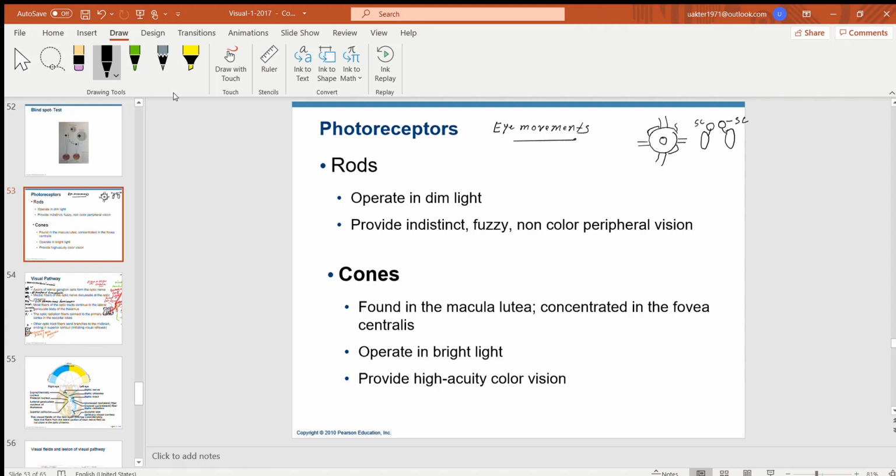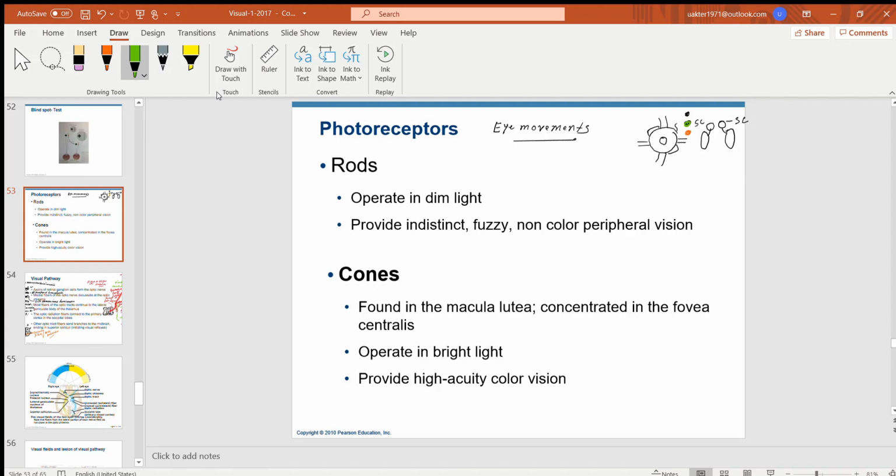And from the superior colliculus, signal goes to the nuclei for the cranial nerves. Okay, and you know that 3 cranial nerves, so 3 nuclei.